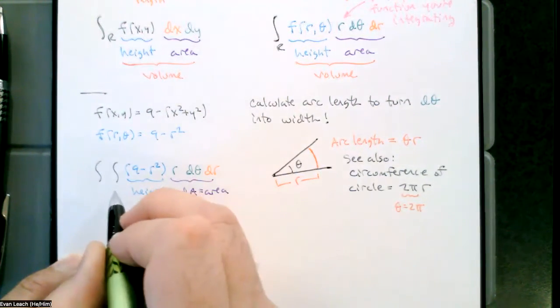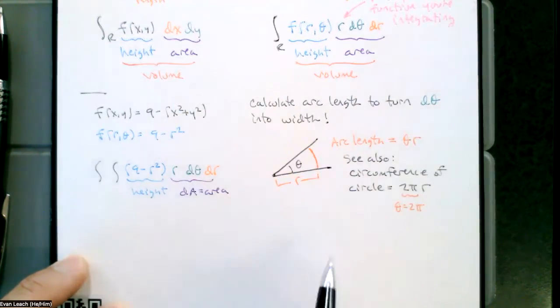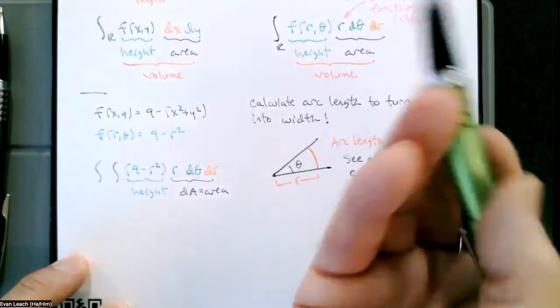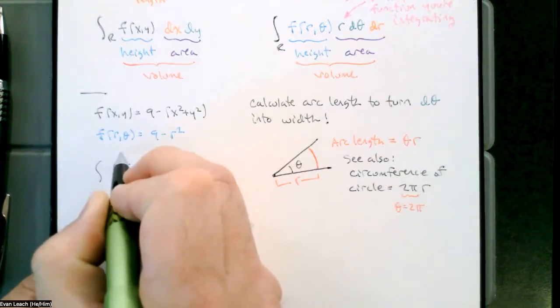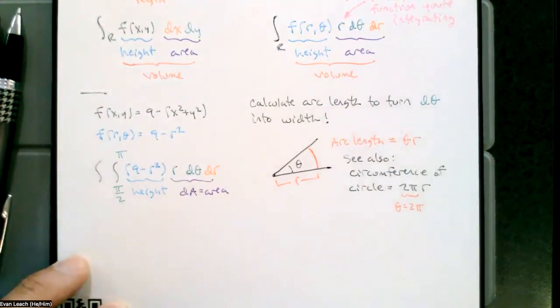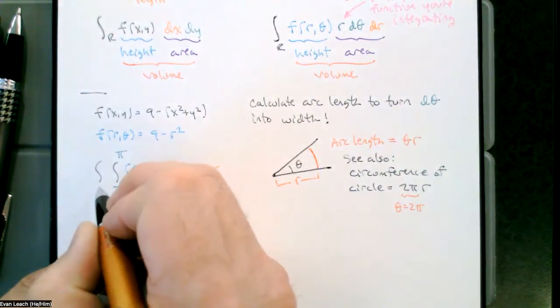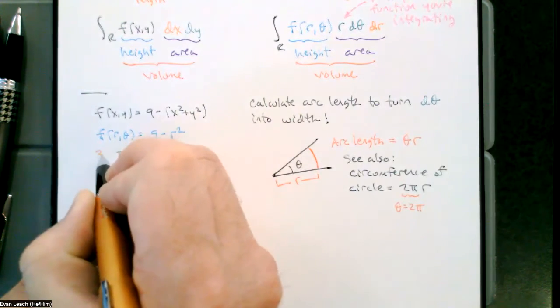I listed theta first, so for theta, we were in the second quadrant, so that's from pi over 2 to pi. And we had a piece of a circle of radius 3, so r will go from 0 to 3.